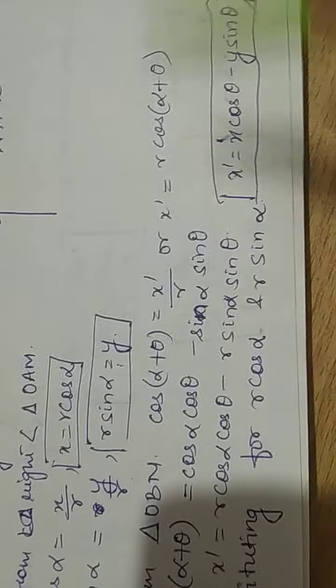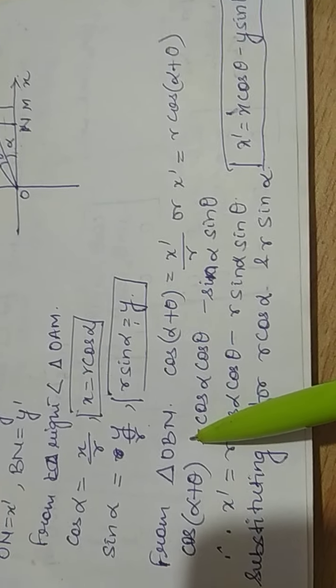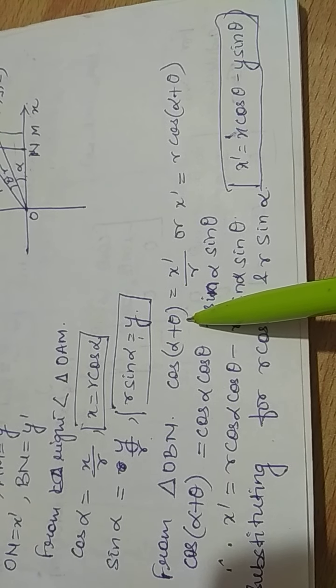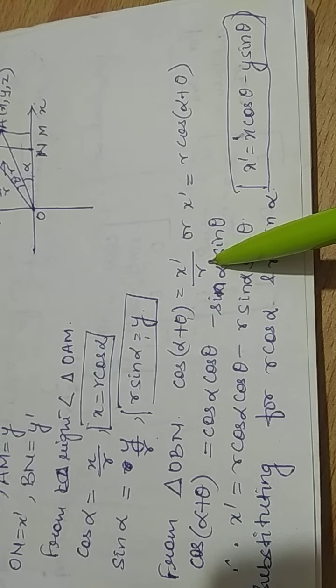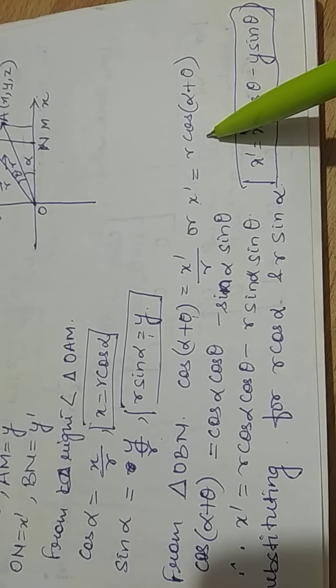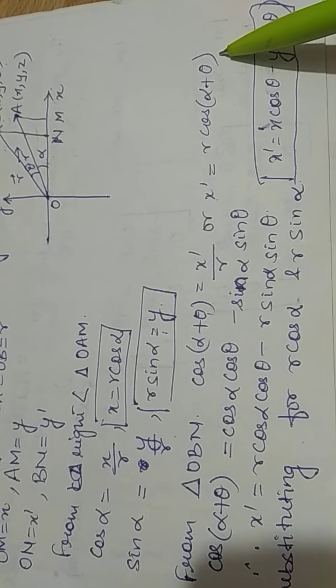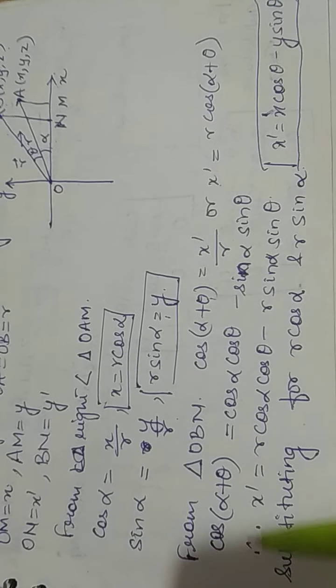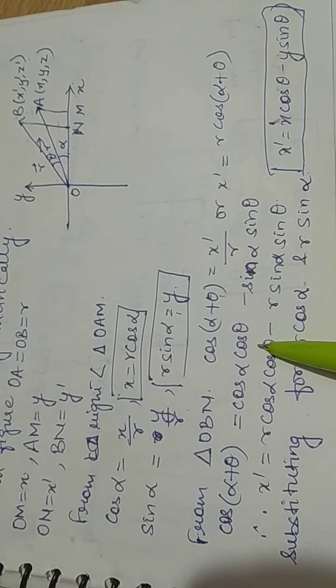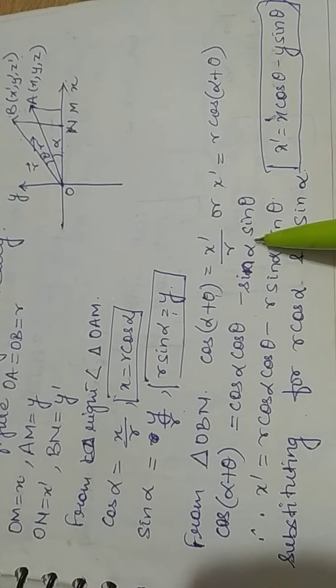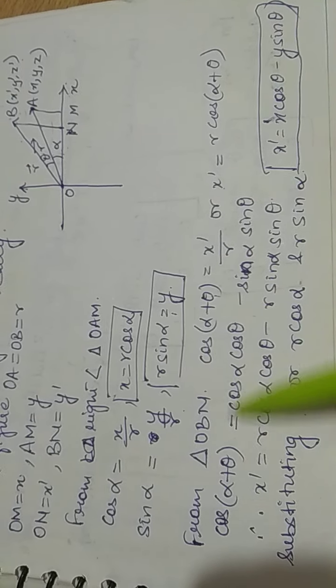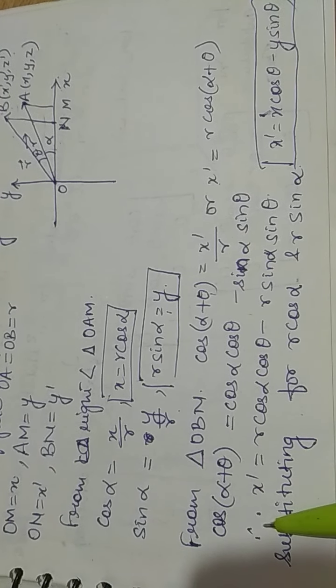Now from the triangle OBN, cos of alpha plus theta is equal to x prime by r, or x prime equals r cos of alpha plus theta, right? And cos of alpha plus theta is equal to cos alpha cos theta minus sin alpha sin theta. I have done simple trigonometric maths, that's all.